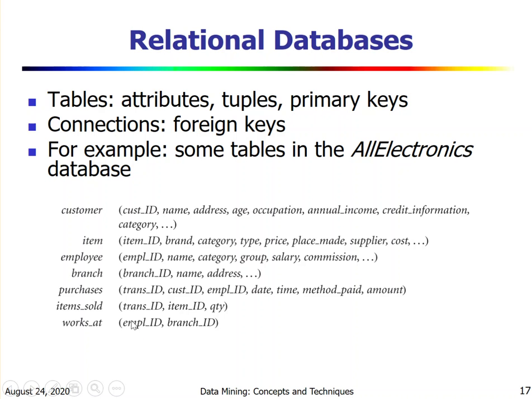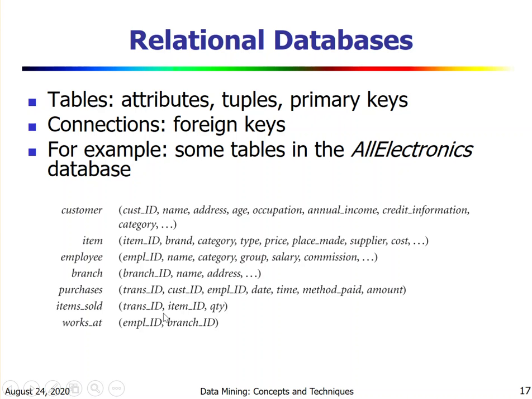By using those primary keys inside this new table, we create a new connection between employees and branches. They are primary keys altogether in this table. They are also foreign keys because each is a primary key in a different table. So those foreign keys create connections among tables.